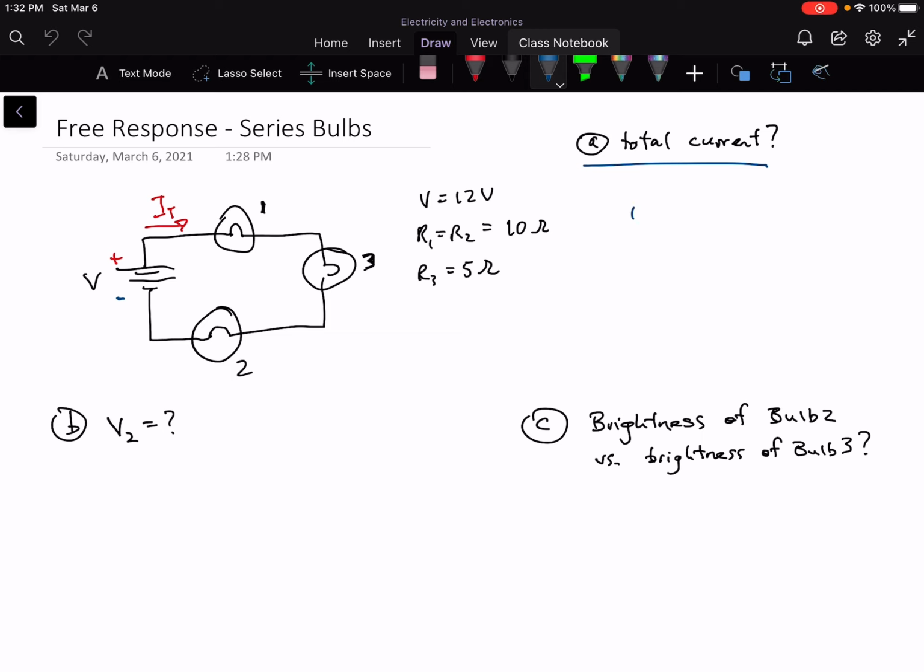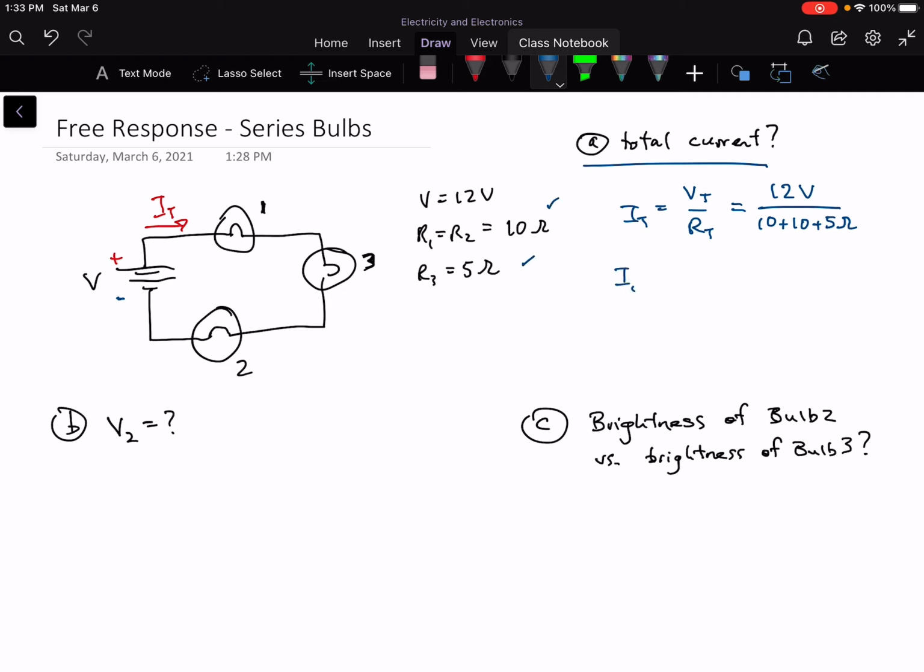Well, to find the total current, we can apply Ohm's law, which looks like this once we divide both sides by the total resistance. We then have 12 volts difference for the total voltage because we just have the one voltage source here. And using our series circuit rule for resistances, the total resistance will be 10 plus 10 plus 5, which we know from here and here.